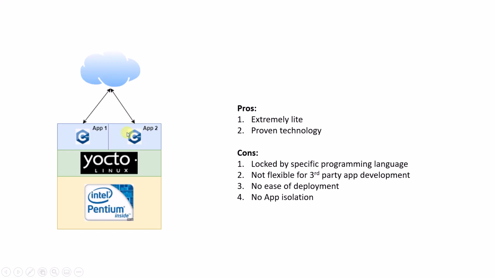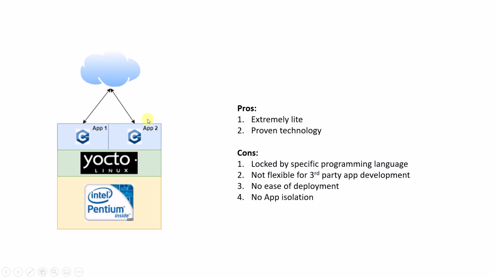First we will go with the pros. The pro is that it is extremely light because you're only pulling the app, the binary, whatever is needed to run the app. And second, it's a proven technology. Now coming to the cons, you have a C++ runtime over here, so all the apps running on this particular platform should be C++ only.